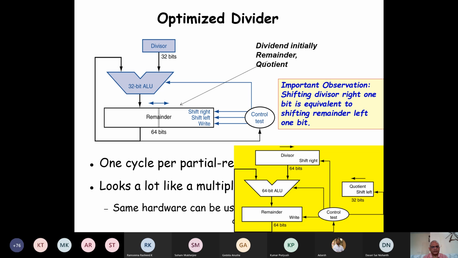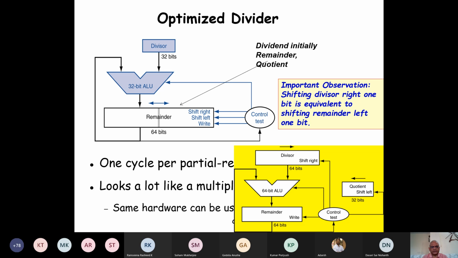Very nice. Made optimal use of the hardware. Remainder is vacating places here, and the quotient is occupying those places. And by the time the remainder is on the upper 32 bits, the quotient will be on these lower 32 bits. They are sharing the same place. Nice.